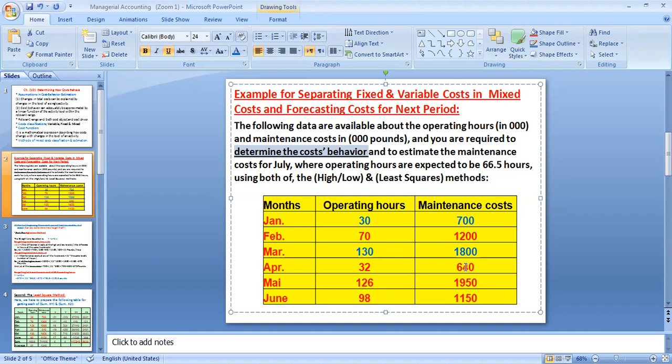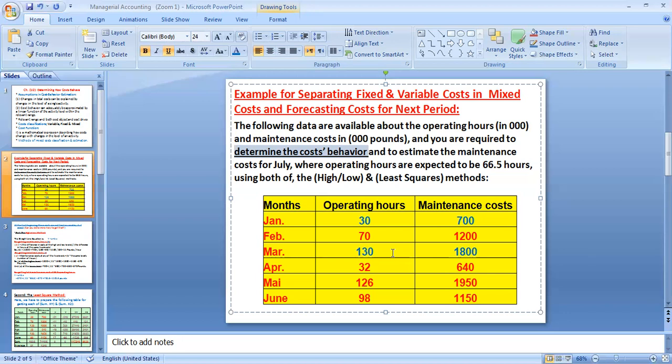Maybe, because it varies. But the variable cost has a feature. It varies in total, but is fixed per unit. So this cost seems to be variable. But if I divide each cost by its level and it gives me the same per unit, it is variable. But if you do an experiment, 700 divided by 30, 1,200 divided by 70, 1,800 divided by 130, it will not give the same rate per hour.